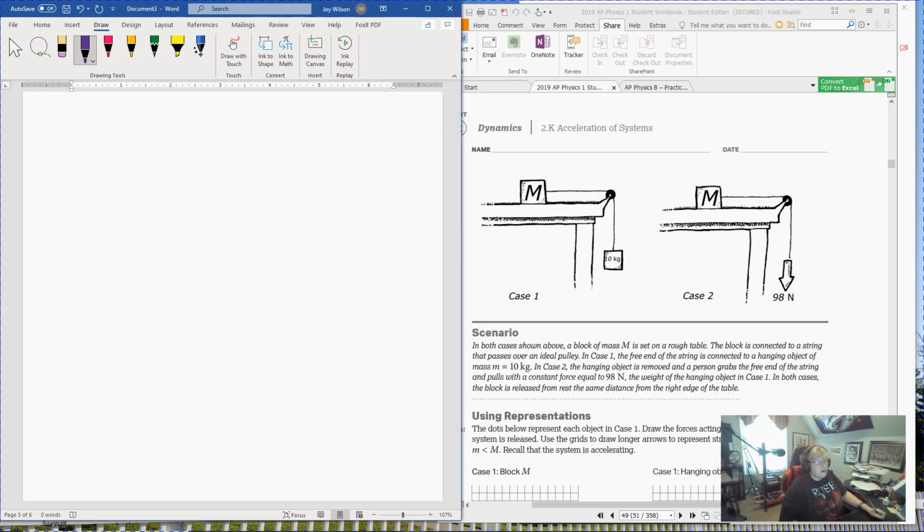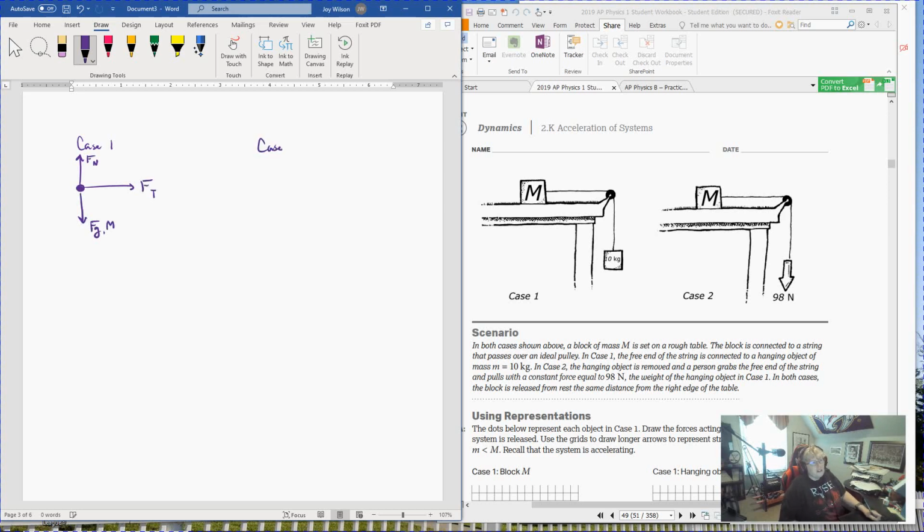Okay, so in case 1, the big block M has these forces: force normal, force gravity on the big block, force tension.